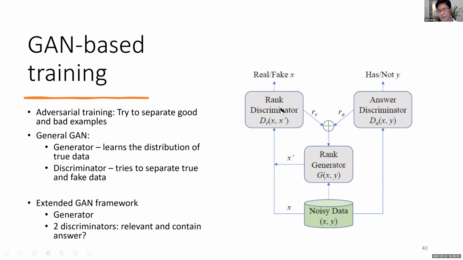So we will have two supervisions by those two discriminators to constrain the training of the generator. This is framed in the GAN, generative adversarial network, trying to train the generator under the constraint of the two discriminators. So that's the key idea.